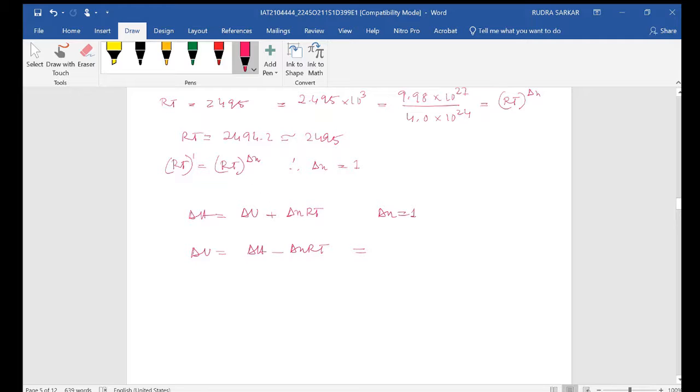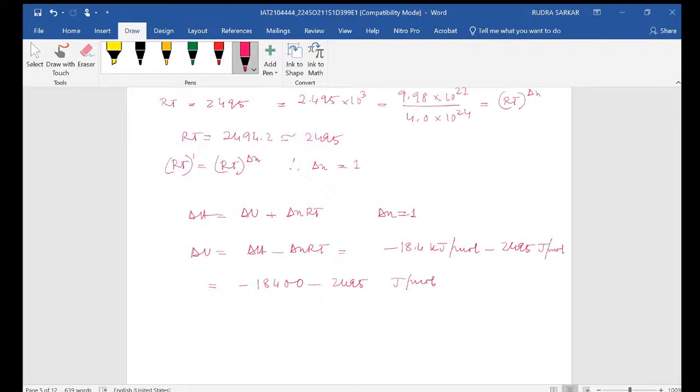Okay, so let us convert minus 18.4 kilojoules per mole, and that is minus 18,400 joules per mole, minus 2495 joules per mole.